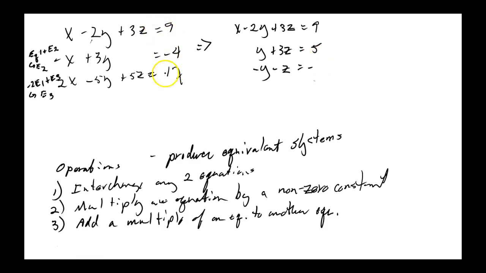Negative 18 plus 17. Negative 1. All right. Good deal. Okay.